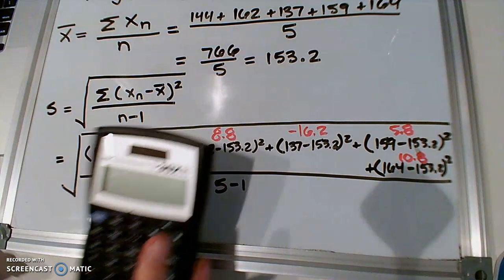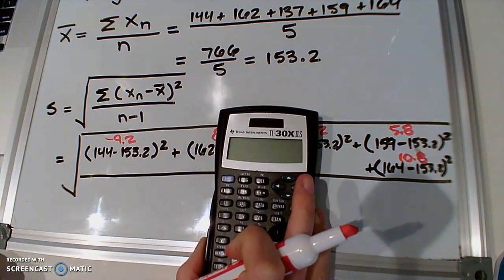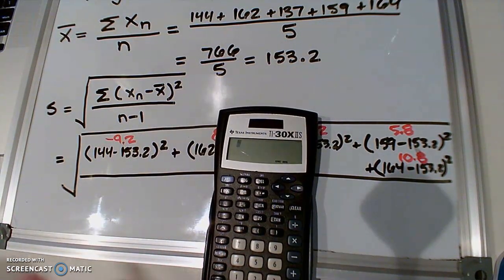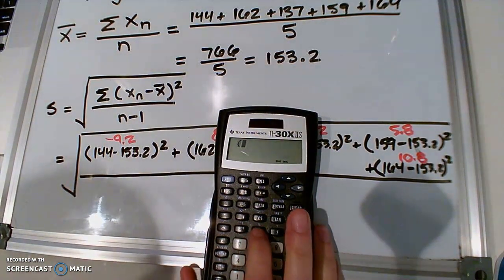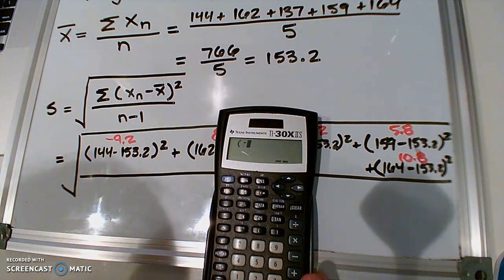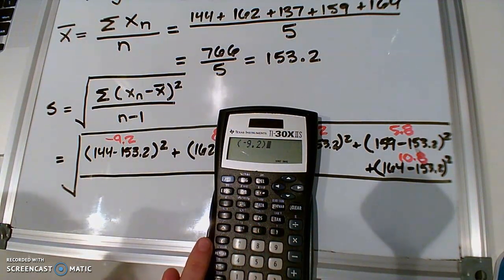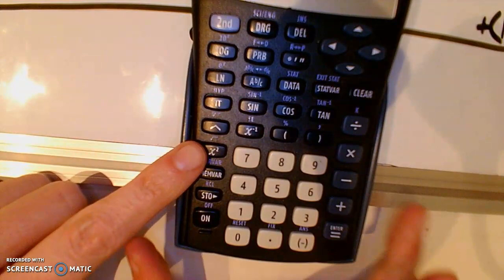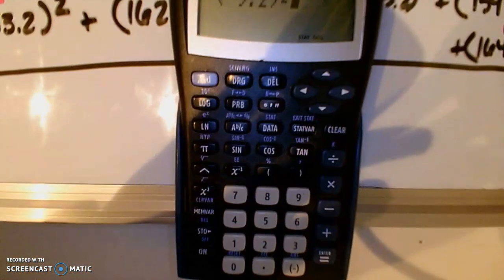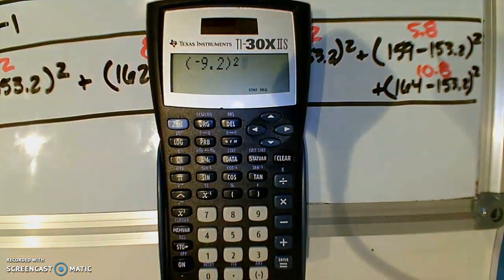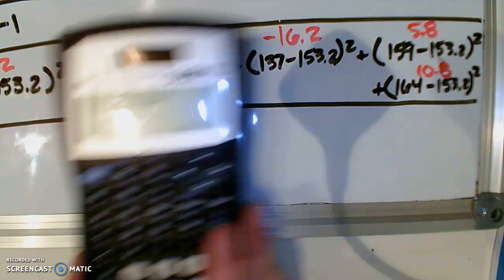So to plug all this into our calculator, this is how I would do it. I would say, parentheses, negative 9.2 unparentheses squared. So this little button here, can you see that little x raised to the 2? When I push that, it squares my value for me. So there's the negative 9.2 squared.